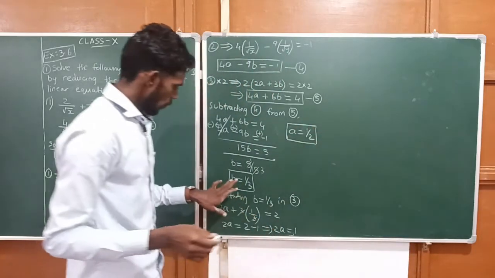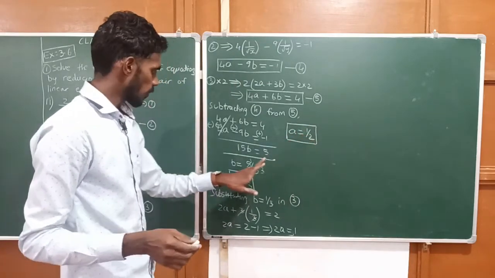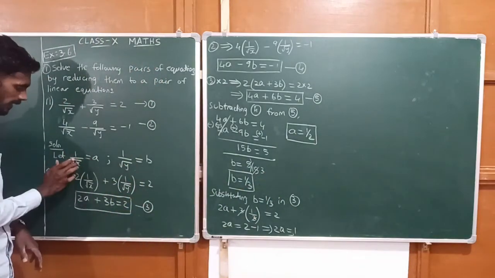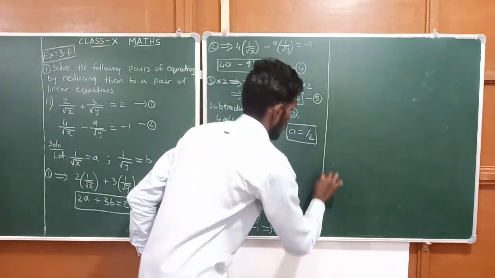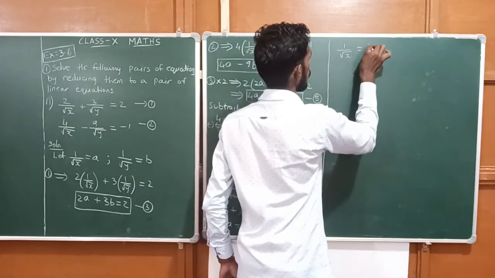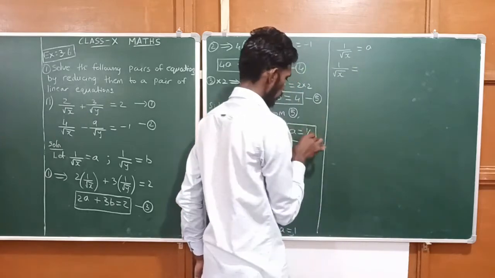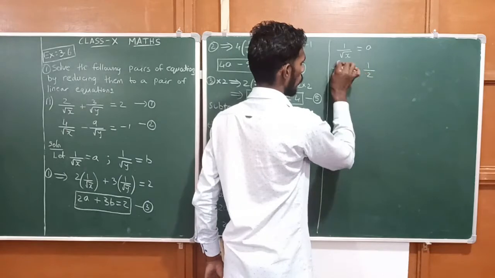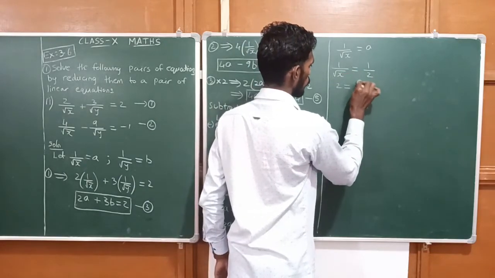We are getting the value of b to be 1 by 3 and the value of a to be 1 by 2. Now we are going to substitute these two values in these two assumptions for getting the value of x and y. We have assumed 1 by root x is equal to a. So which becomes 1 by root x is equal to 1 by 2. Now cross multiply, 1 into 2 is 2, then root x into 1 is equal to root x.